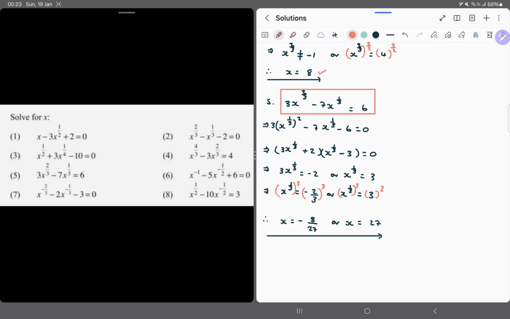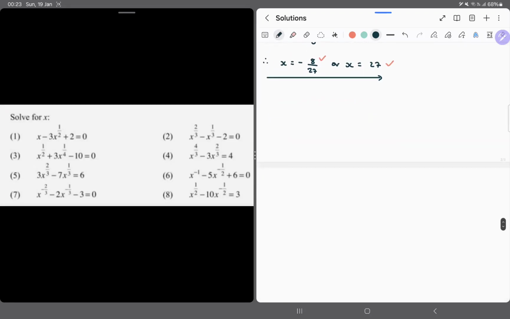We get 6, so this works out. Let's put in the other one. So that's 27. This also works out. So please guys, be in the habit of checking the answers into the original, provided the original is copied correctly.